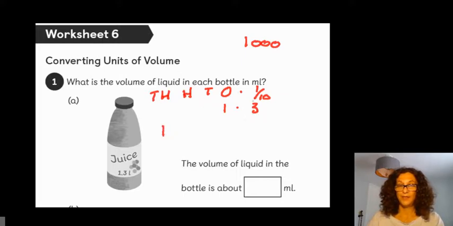I'll move the 3. 1, 2, 3. And what do we need to put? Well done, our place value holders. So 1.3 litres is the same as 1,300 millilitres. Can you have a go at the rest of those questions on that page? And then when you have finished, can you come back?